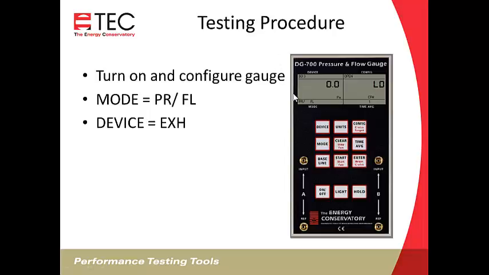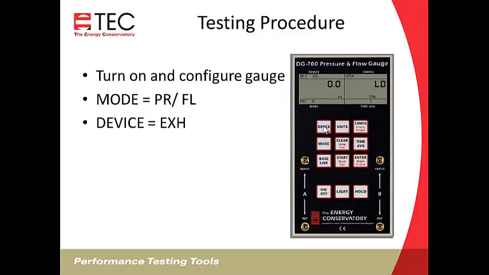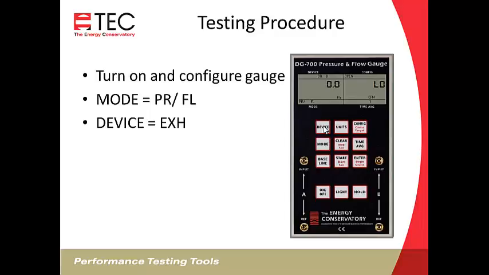So we start out with blower door 3 as the default position. We'll push the device button 1, 2, 3, 4, 5 times. So the last position is EXH. So that's what we're looking for, the device set to EXH.